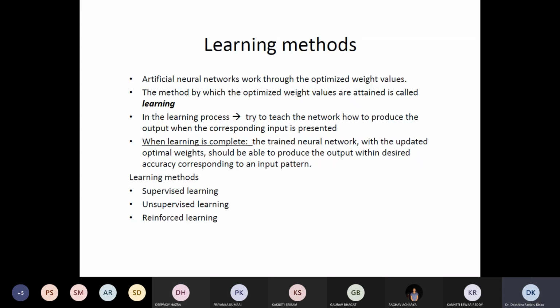So when the learning is complete, the trained neural network with the updated optimal weights should be able to produce the output within desired accuracy corresponding to the input pattern.